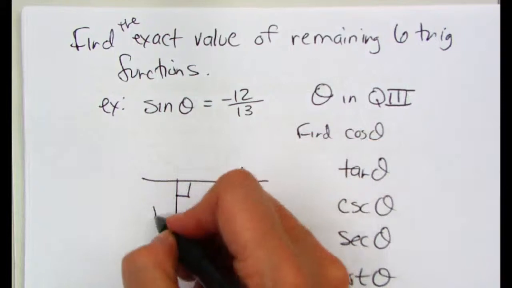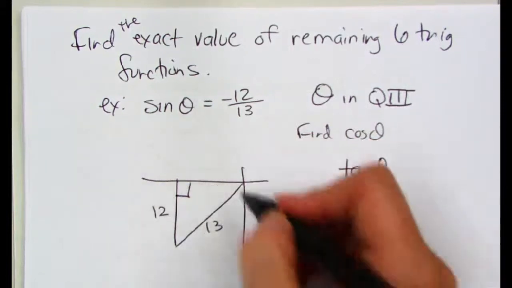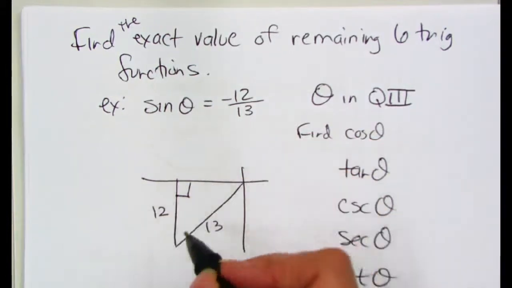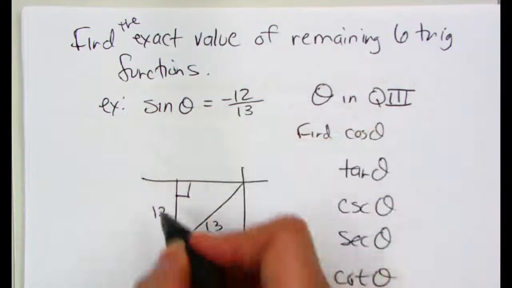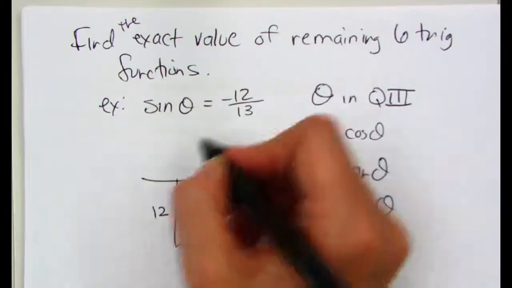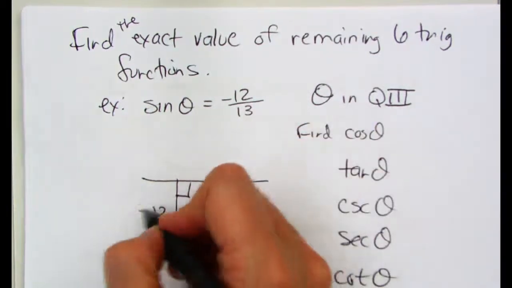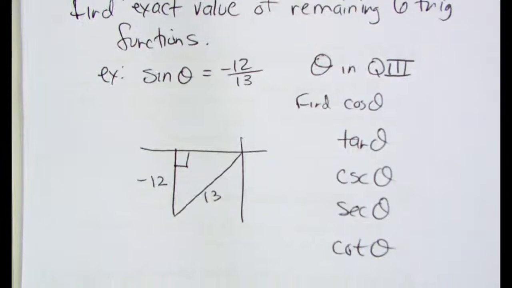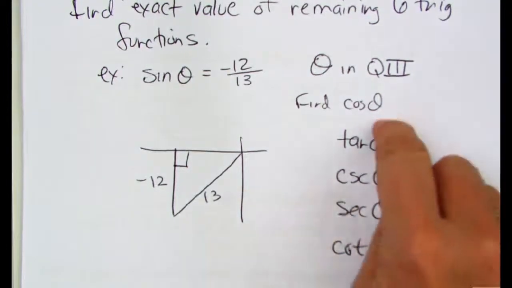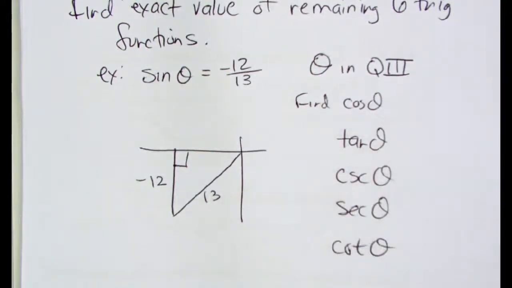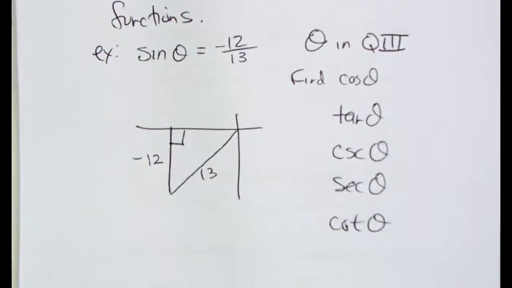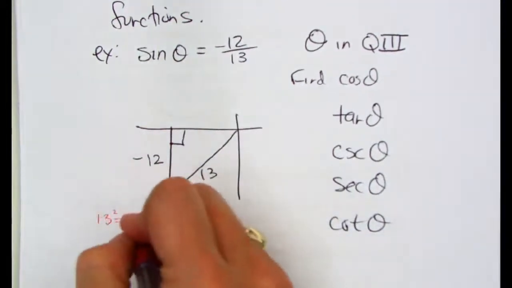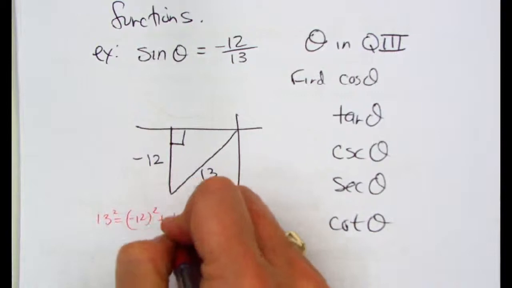Sine. So I know the 12 and the 13 go here, opposite over hypotenuse. And so where does the negative go? On the 12. Now I need an adjacent. How am I going to find my adjacent? Pythagorean theorem. 13 squared equals negative 12 quantity squared plus b squared.